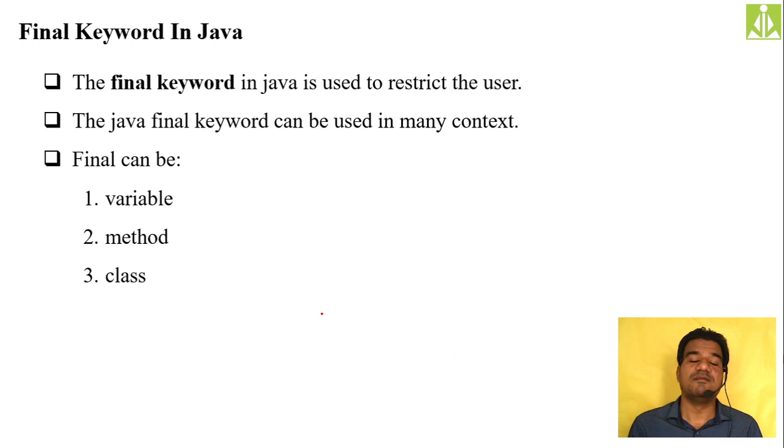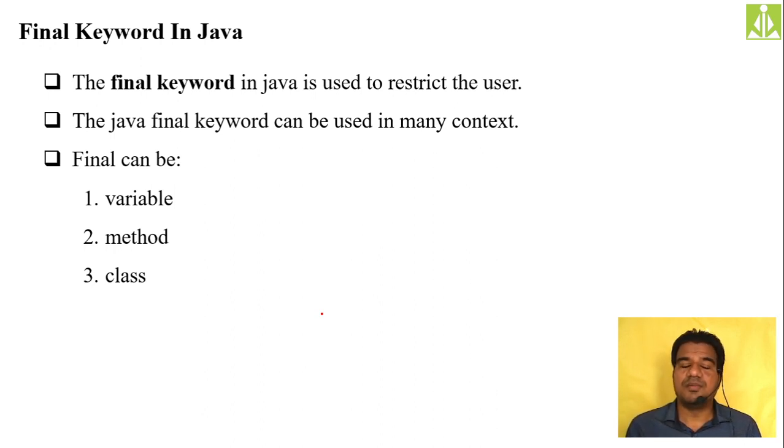Remember this one. When we use a final keyword with a normal variable, it will no longer be a normal variable. It will gain some extra properties, extra features, extra restrictions, extra protection.